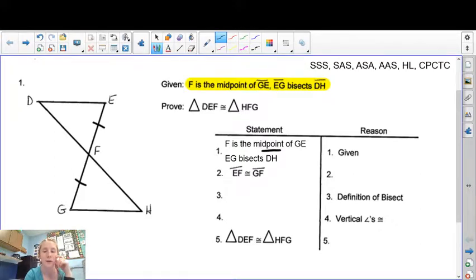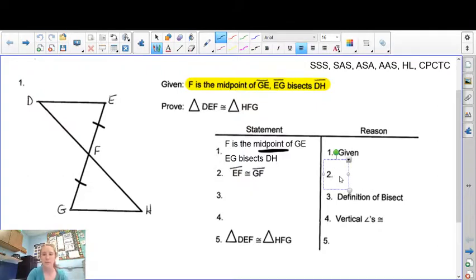So it's got to be midpoint. F is the midpoint of EG. That makes sense, because E to G is the whole distance and F sits in the middle, so they must be equal. So this is the definition of midpoint, because the middle cuts it in half. Okay, so I used this part.